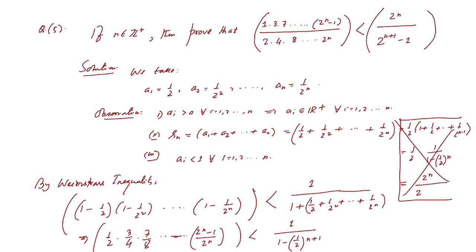So obviously this implies 1 into 3 into 7 dot dot dot 2 to the power n minus 1, by 2 into 4 into 8 dot dot dot 2 to the power n, that value is less than 2 to the power n by 2 to the power n plus 1 minus 1.